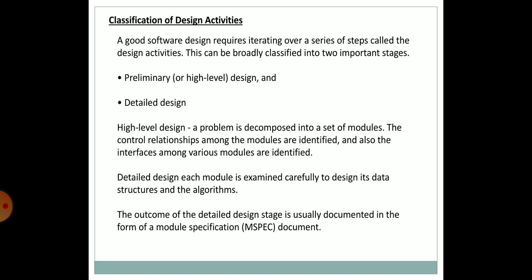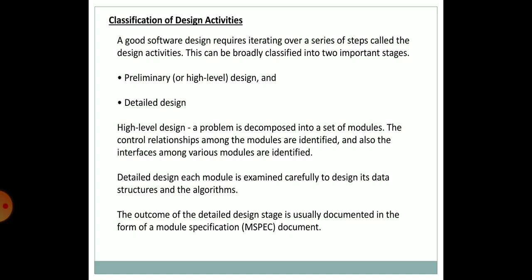For the implementation of these modules, we need to design the data structures and the algorithms. So this is done during the detailed design. The outcome of the detailed design stage is usually documented in the form of a module specification document.